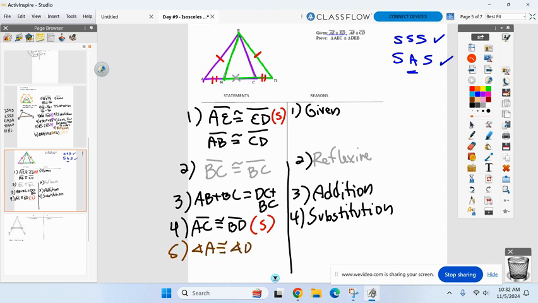Let me slow it down for anybody who's confused where we got that from. What type of triangle is AED? AED is an isosceles triangle that has two sides congruent, which means it also has the angles across equal in the same triangle. Does everyone see why I'm picking A and D? Because they are in triangle AED.